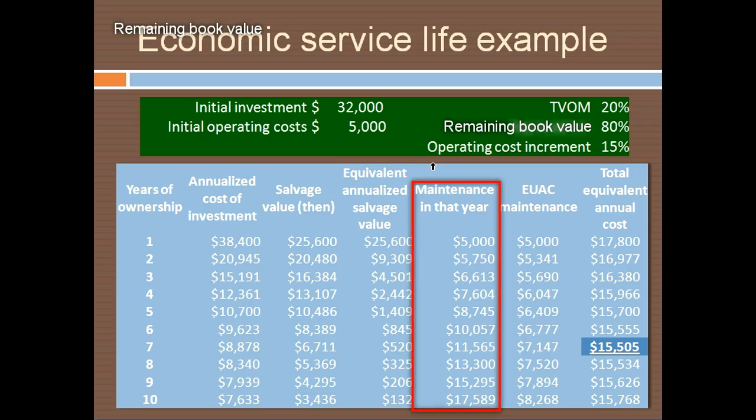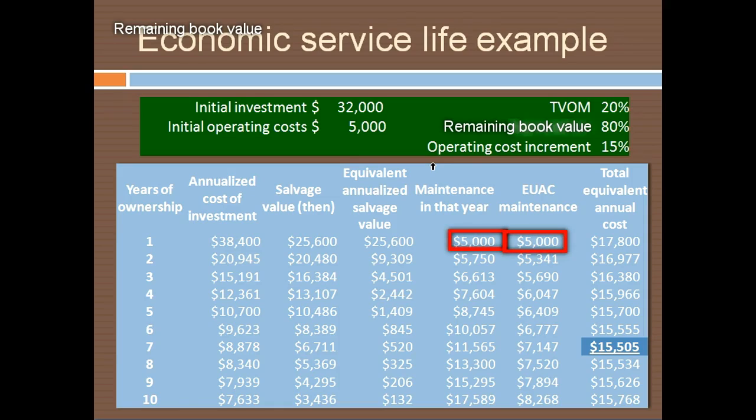On top of that, we have the maintenance in that year, and we consider that the operating cost is going to increment 15% per year. So the first year we incurred $5,000 of maintenance. The second year, $5,750. The next year, $6,613, and so on. But those are the maintenance costs that occur during the year.